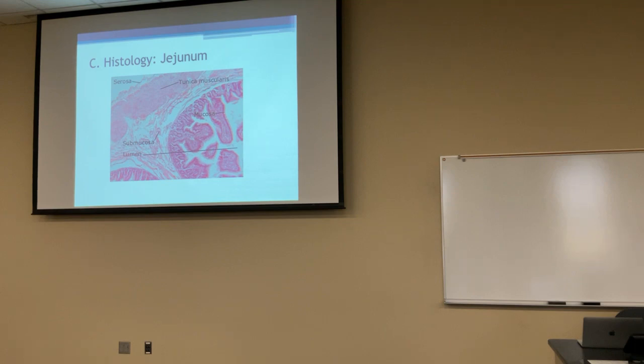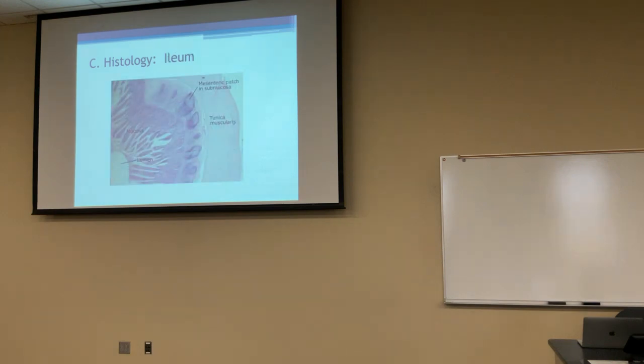There are no specialized glands or lymphatic tissue in the submucosa of the jejunum. And then out here is the tunica muscularis, and then the serosa is on the outside. So there are really no specialized features found in the jejunum.